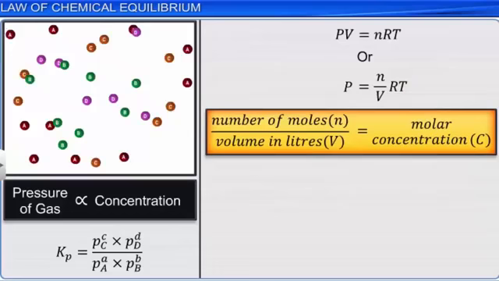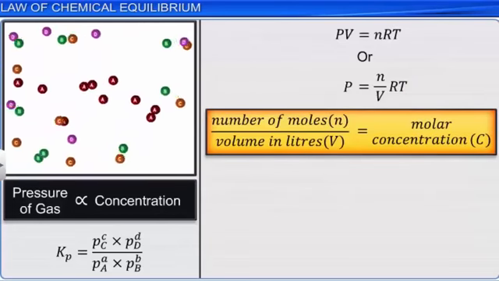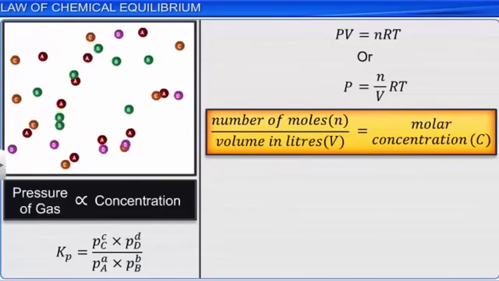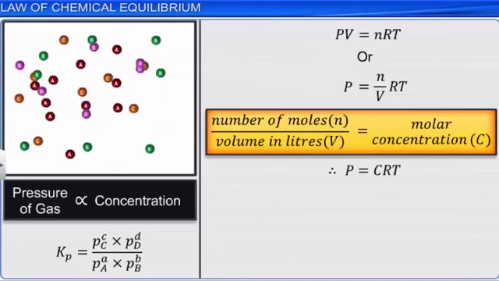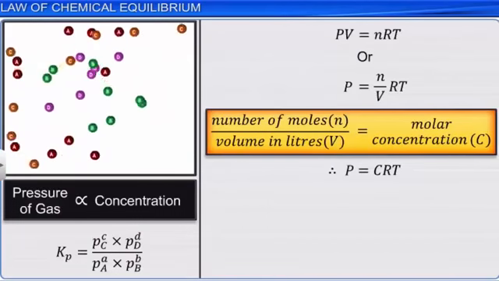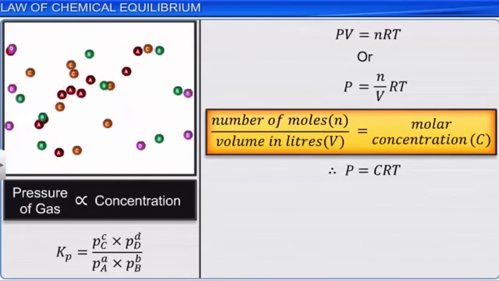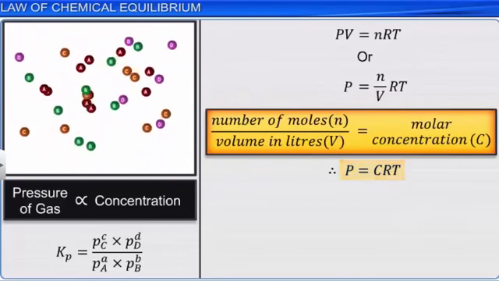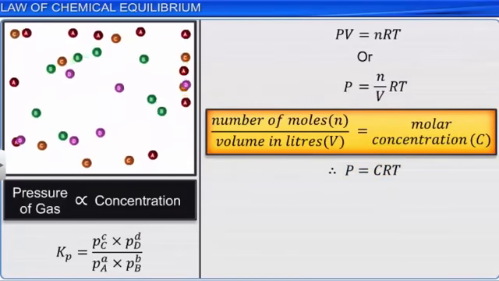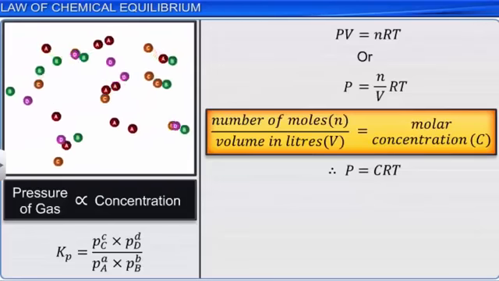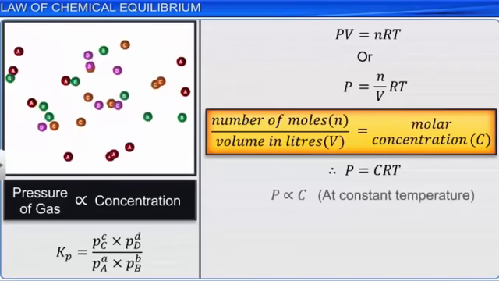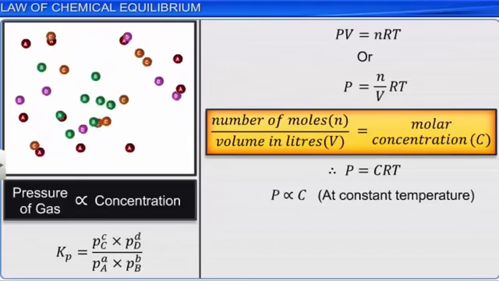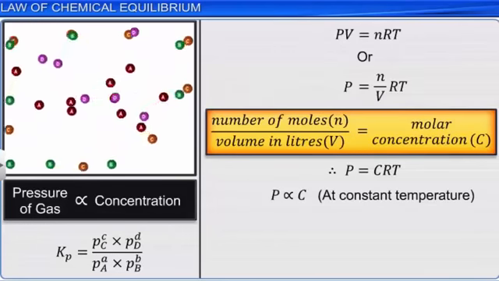However, we know that n by V corresponds to molar concentration C. Therefore, the equation can be written as P is equal to CRT. Since R is constant, at constant temperature, the pressure of a gas is proportional to its concentration.